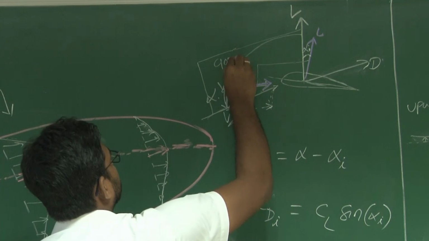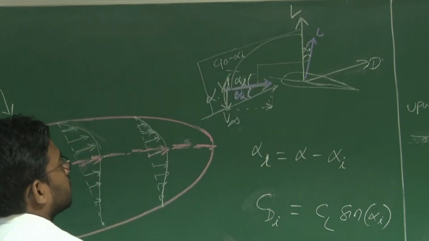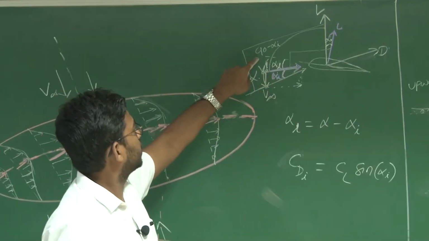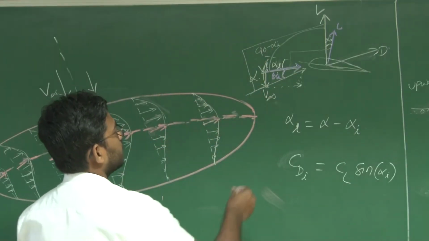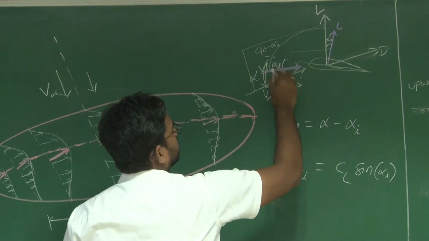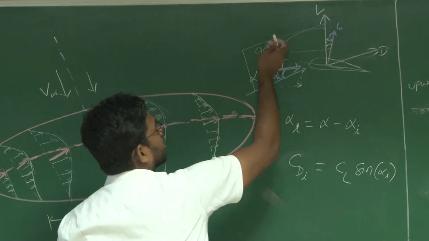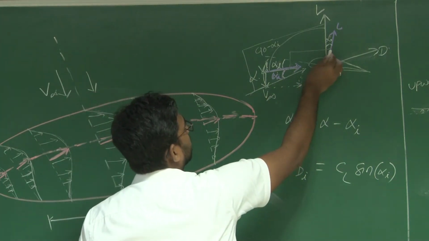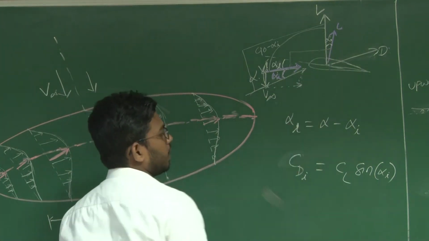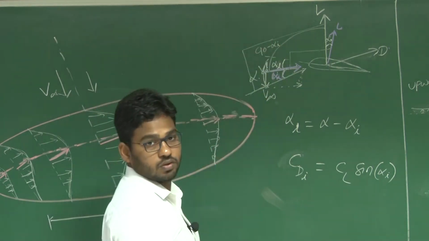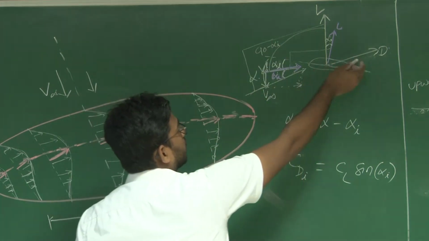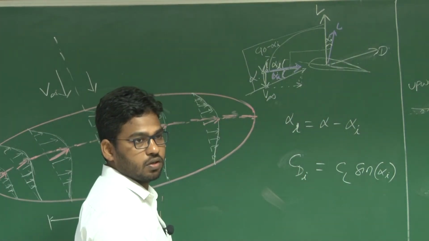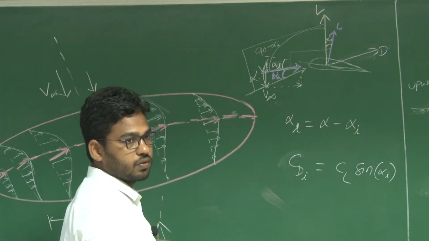This is 90 minus alpha I, since this is alpha I, right? And you have this as 90, so 90 minus of 90 minus alpha I is alpha I, right? So local lift L into cos of alpha I is along the total lift direction, and local lift into sine of alpha I will be along the drag direction, total drag of the wing.